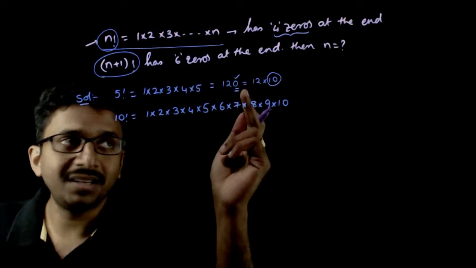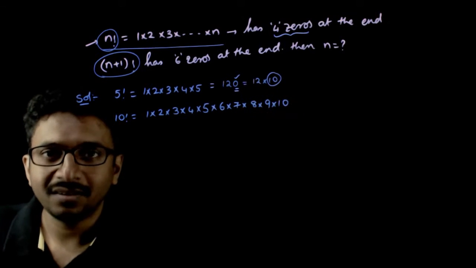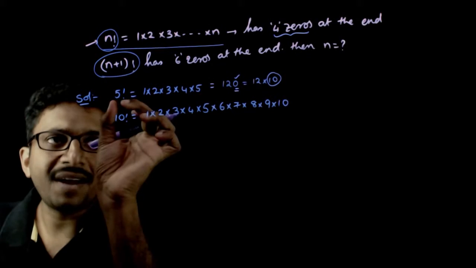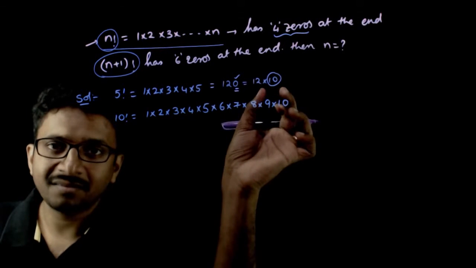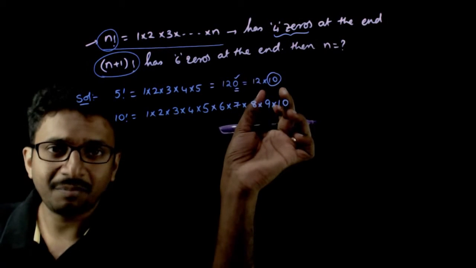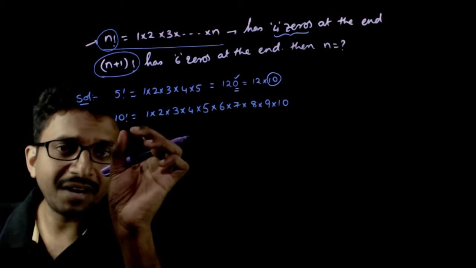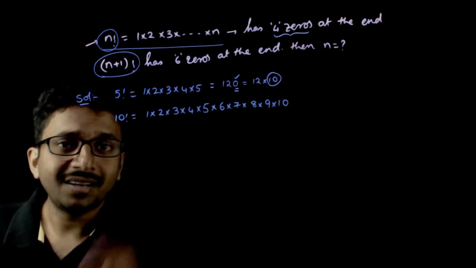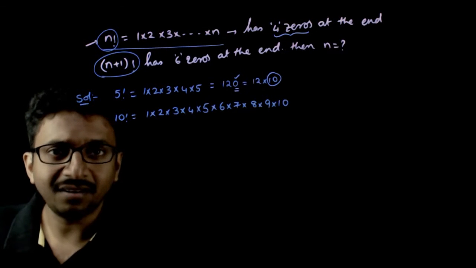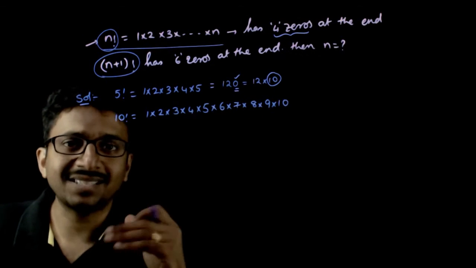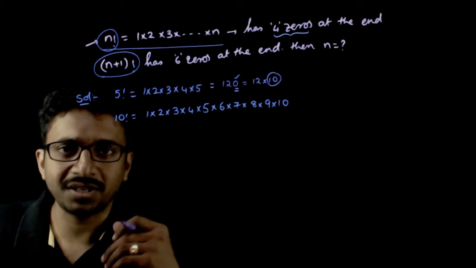If there are 2 zeros at the end, it should be 12 into 100. So if 5 factorial has a 10, a 10 power 1, you have 1 zero at the end. If a number factorial has 10 square as a factor, you have 2 zeros at the end. If it has 1000 as a factor, it has 3 zeros at the end.